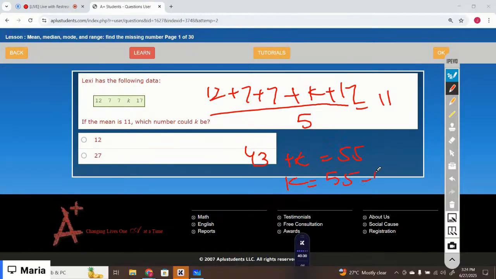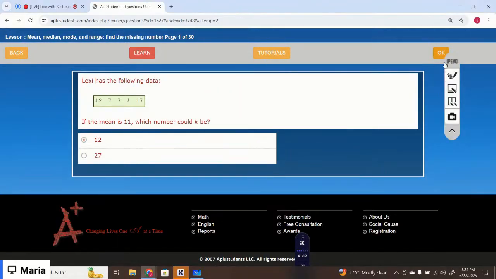So k is 55 minus 43, which is 12. The correct option is 12. Option number 1 is the correct option.